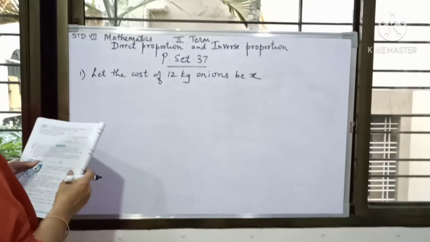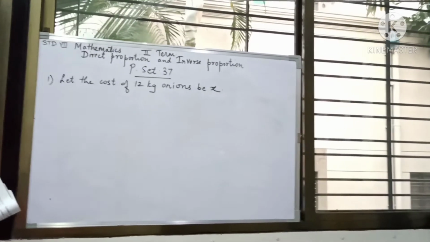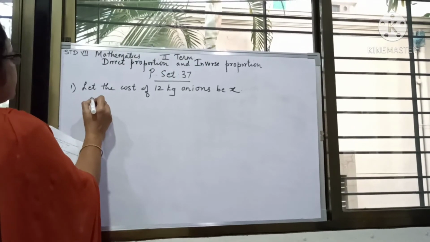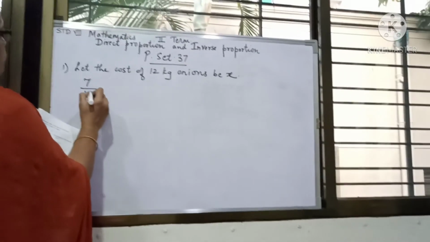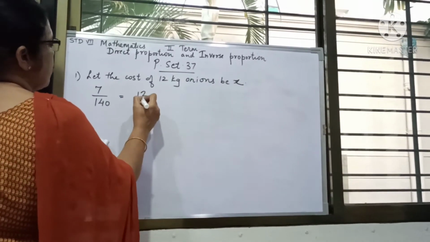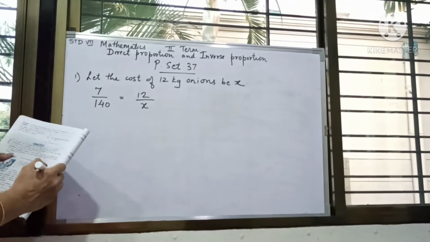Now we write the ratio of weight of onion and its cost. 7 kgs of onion cost 140 rupees. So 12 kgs of onion will cost how much? That we have to find out.